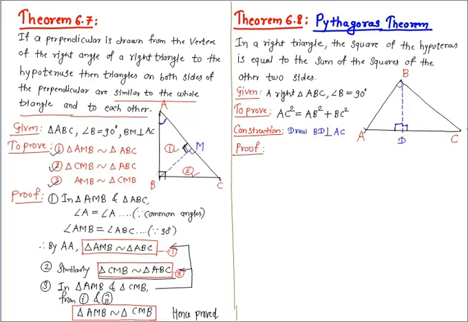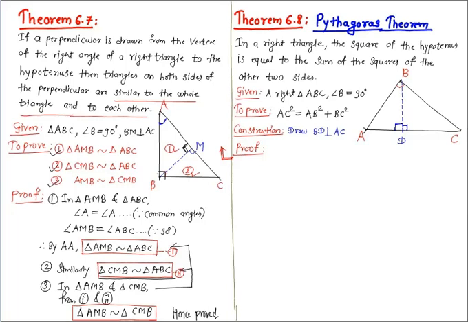To prove this theorem, we'll make use of Theorem 6.7. What is that theorem? If a perpendicular is drawn from the vertex of the right angle of a right triangle to the hypotenuse, then triangles on both sides of the perpendicular are similar to the whole triangle and similar to each other.